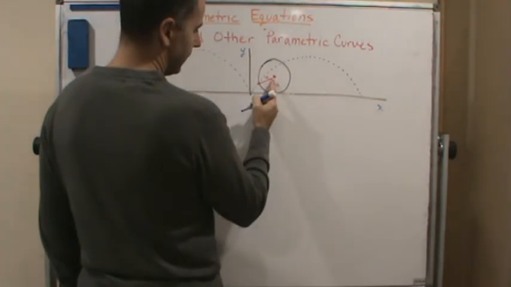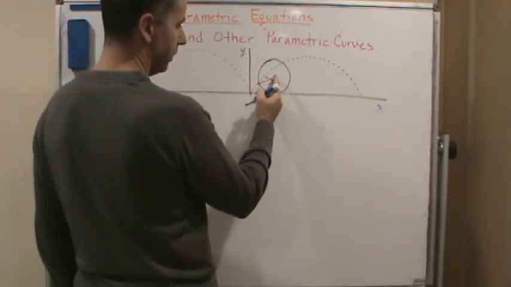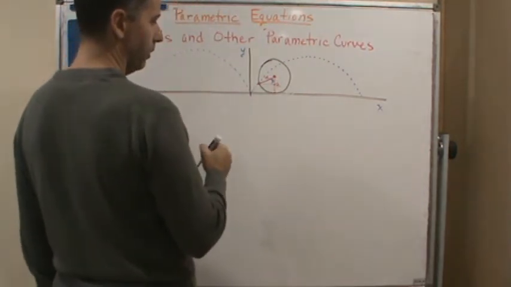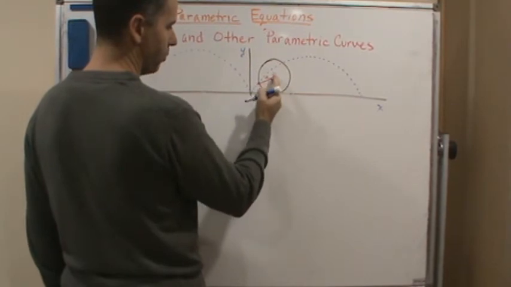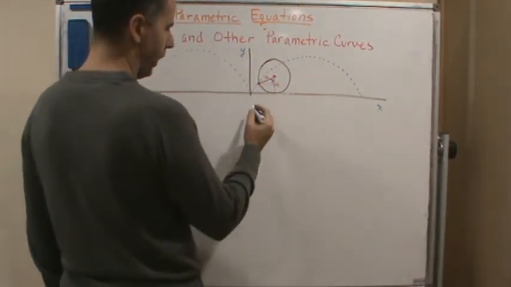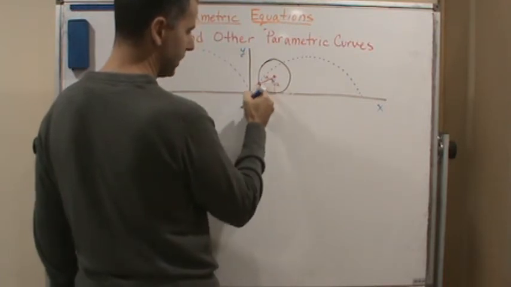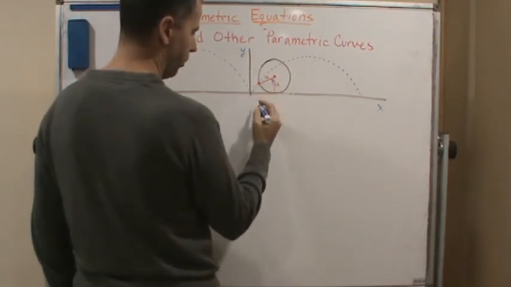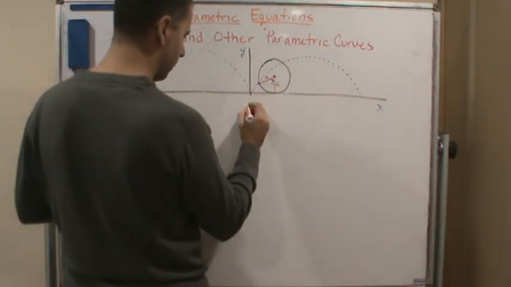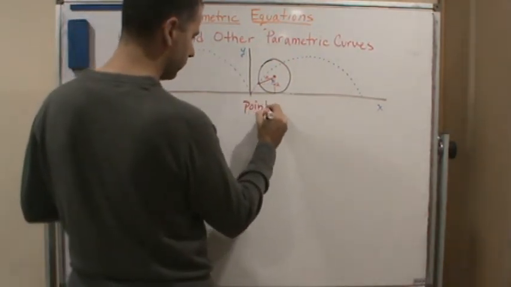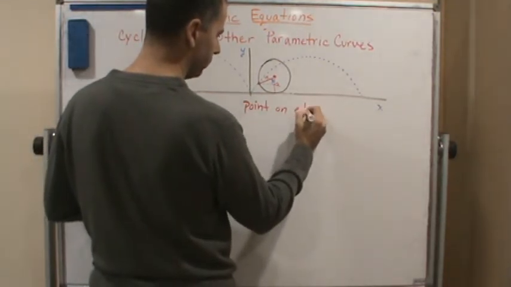So I can write this in terms of the component vectors. There's the x component vector right here, and there's the y component vector here. So I can write the position of this with respect to the center, point on edge of circle.